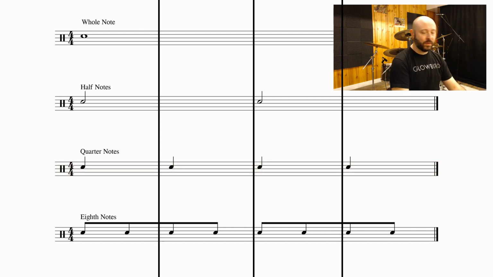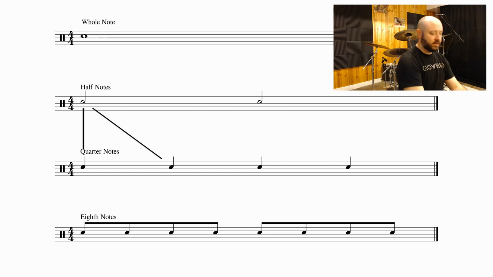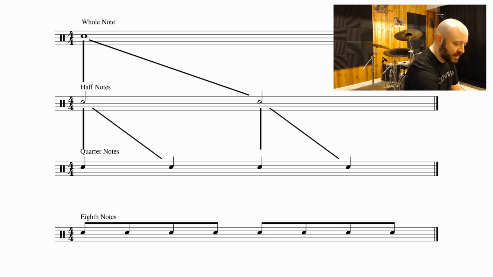There are 4 quarter notes in a measure of 4/4. That's what the time signature means, right? So you can see we split this half note into 2. We get 2 quarter notes per half note. Same would happen here. We get 2 half notes per whole note.